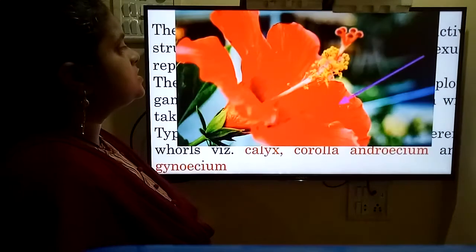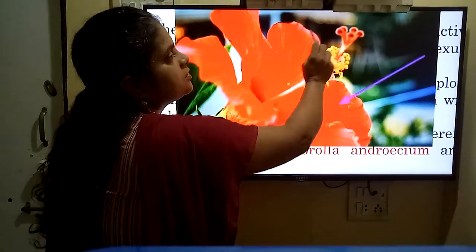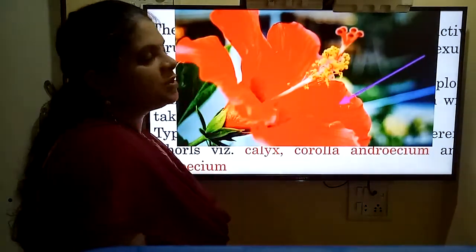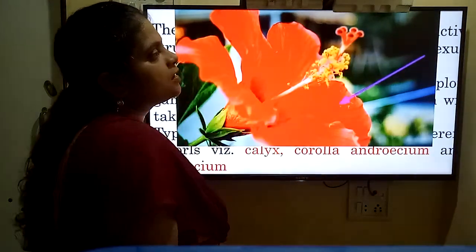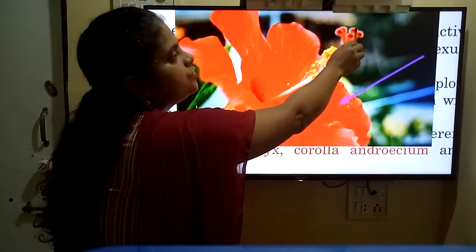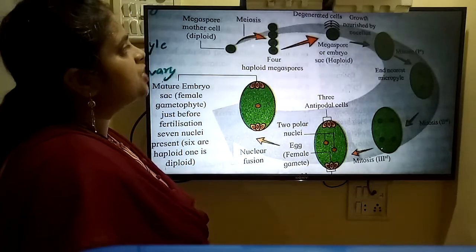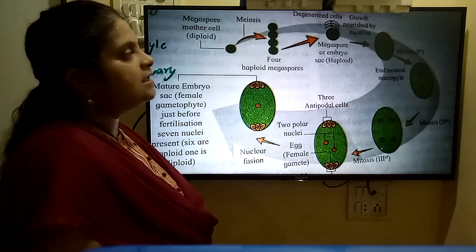Now here we will see this diagram, which shows the 1, 2, 3, 4, 5 carpels. Again I want to show that the gynoecium consists of these 5 carpels. Now this is the chart of development of the female gametophyte.